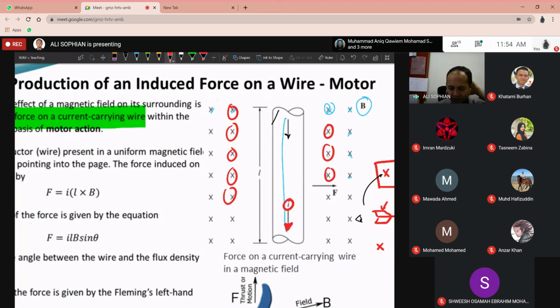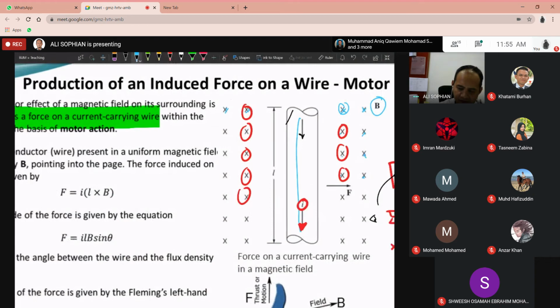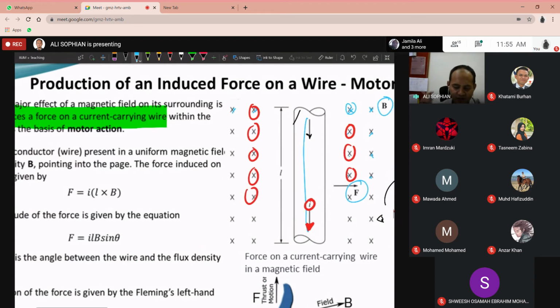So then, because you've got a magnetic field, and you've got this current flowing in the wire in the magnetic field, then a force will be induced. This is the force. Yeah, and the force will be induced. Now the question is then which direction the force will be.